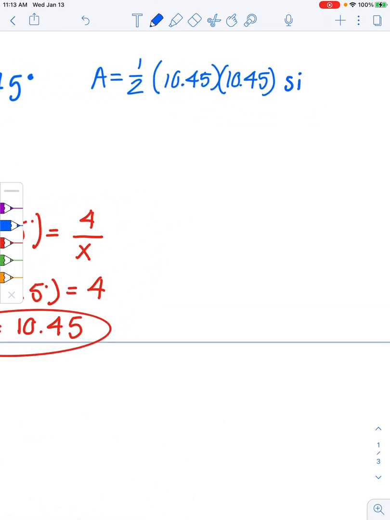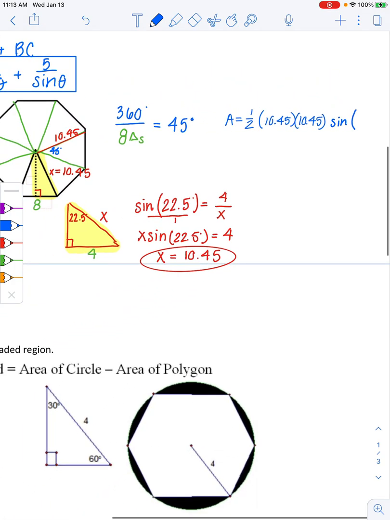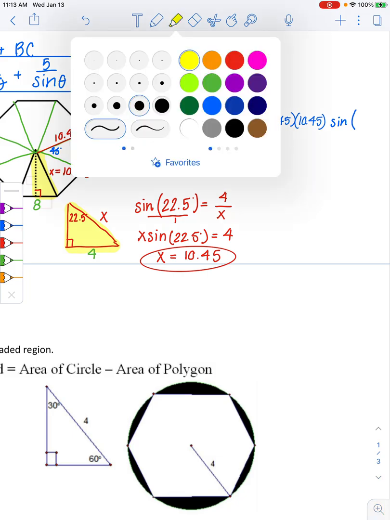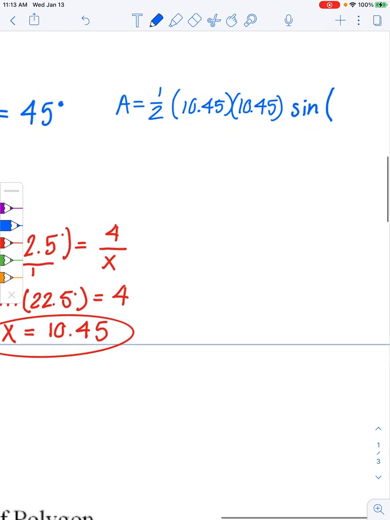There we go. Sine of the angle in the middle. Well, look at it, my dears. I just made this triangle. I'll change the color, keep it fresh. This right here. Both sides are 10.45. The angle of focus is 45 degrees.